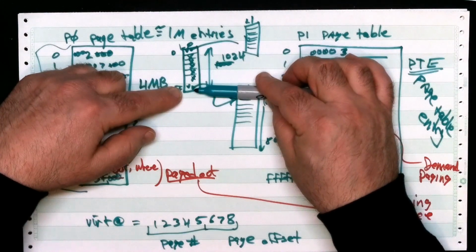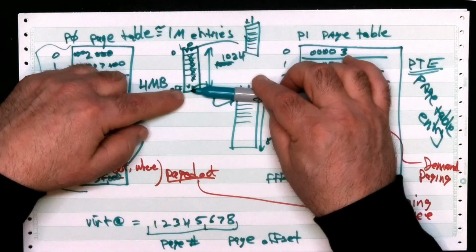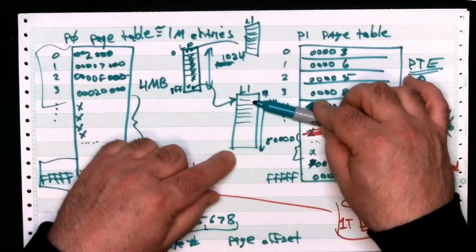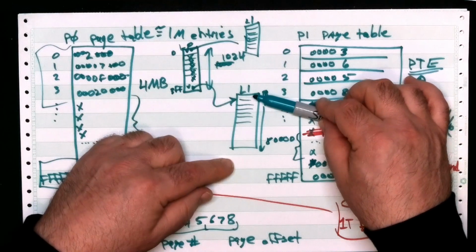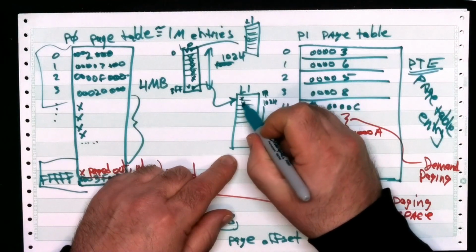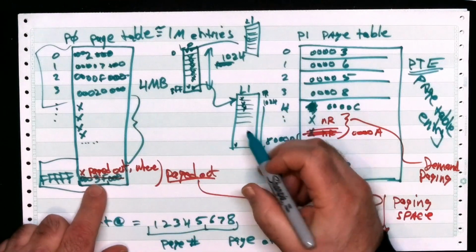Page number 1023, which would be the last one, is a member of the table over here. This table is the last 1,000 pages, okay? This would be invalid, invalid, invalid, and down here we'd finally see valid in that address here.